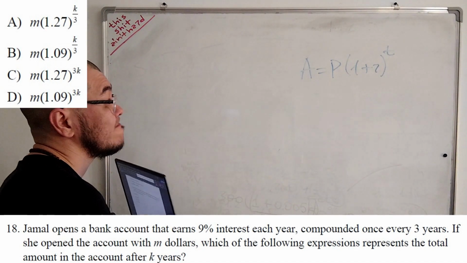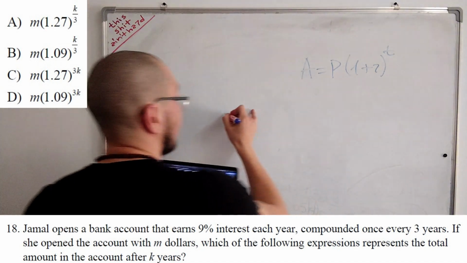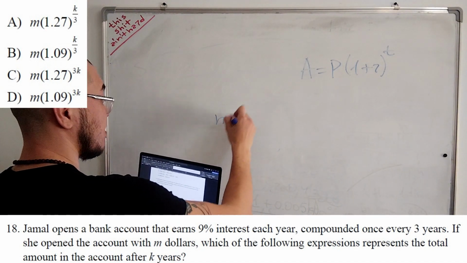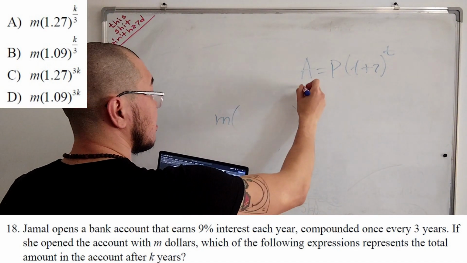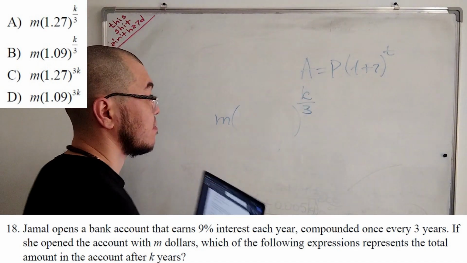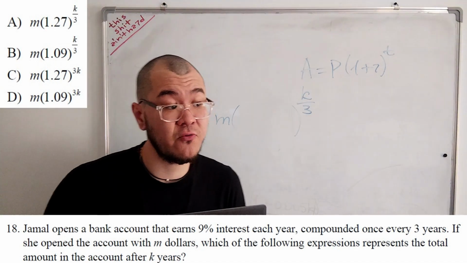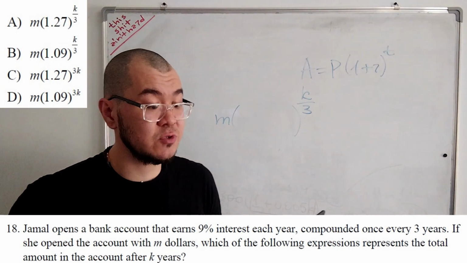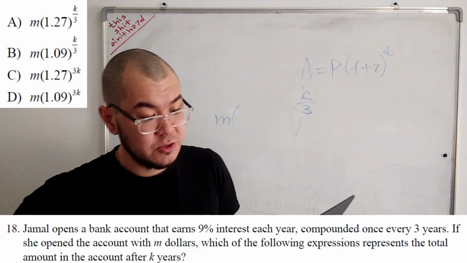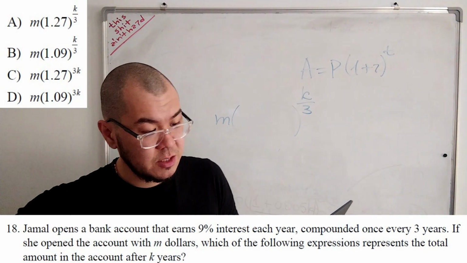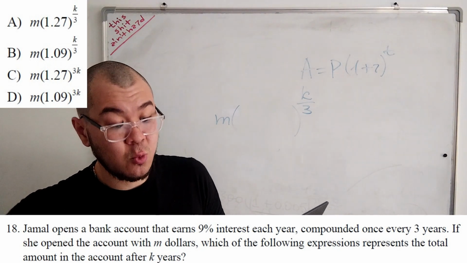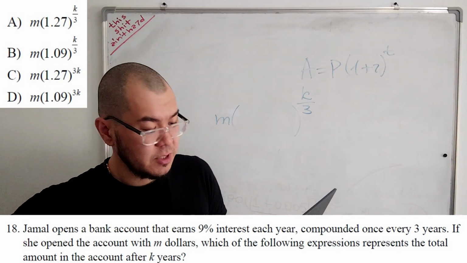So, okay, M, K over 3. The total number of years we have to divide by 3, due to the information that the interest is compounded once every 3 years.